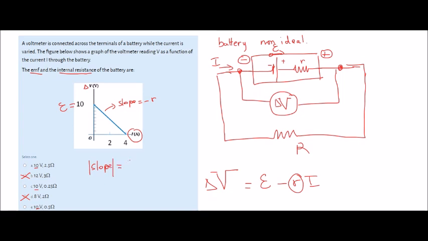Delta V over delta I. What is it? 10 volt over I, 4.0, so I take the point 10 and the point 4.0, okay? So over 4, this is 2.5 ohm. That's the internal resistor, 2.5, so that's the correct answer.